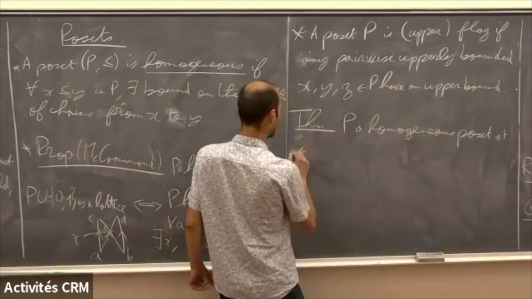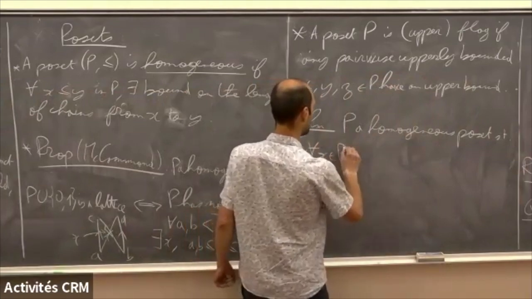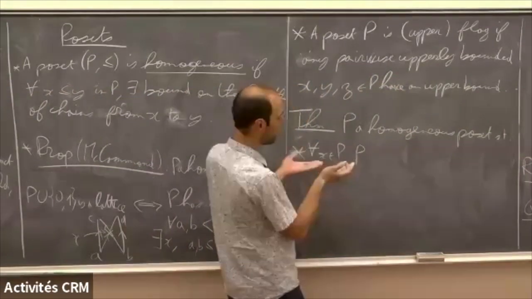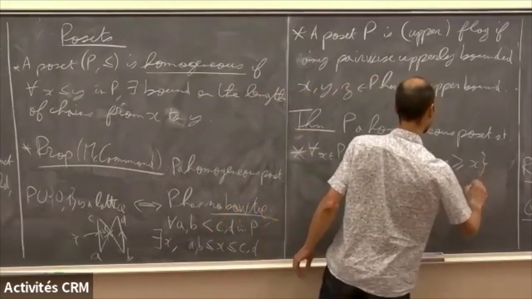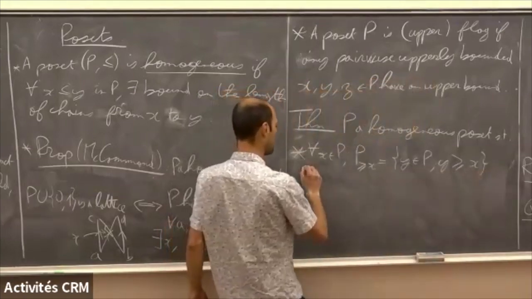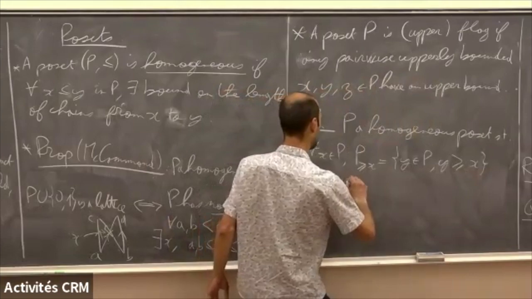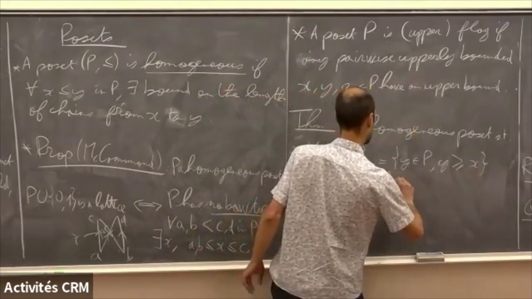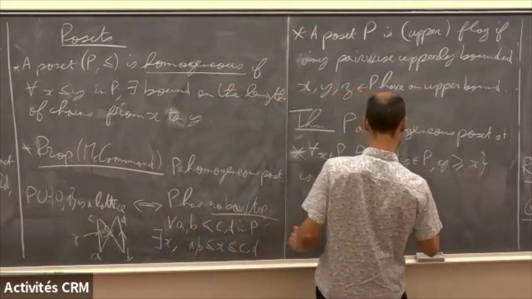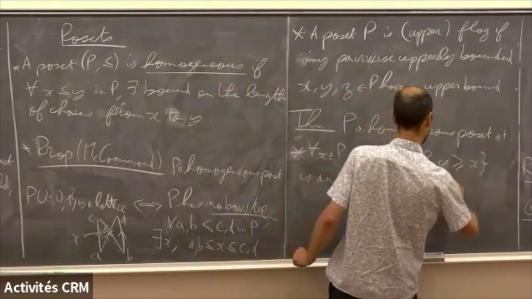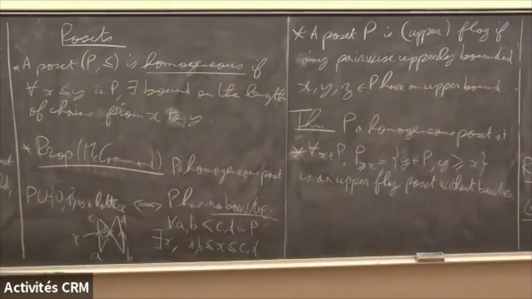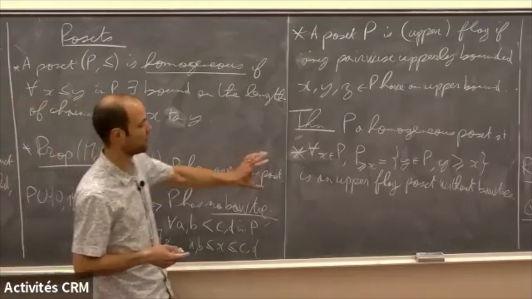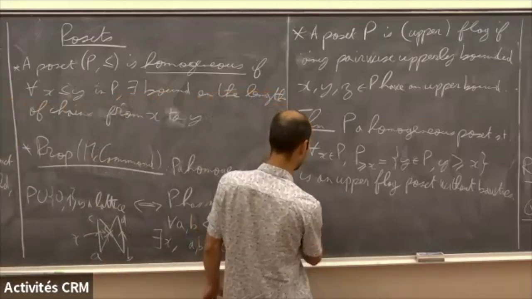That for all X in P, I look at the poset consisting of elements which are above X. So I ask that this is an upper flag poset without bow ties. So assuming that it doesn't have bow ties, it's the same as asking that it is a meet semi-lattice. But in fact, it's sufficient to look at this condition having no bow tie.